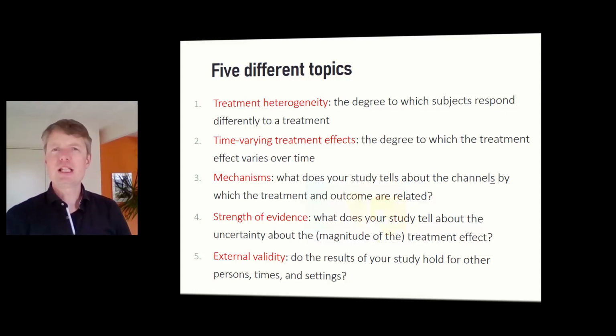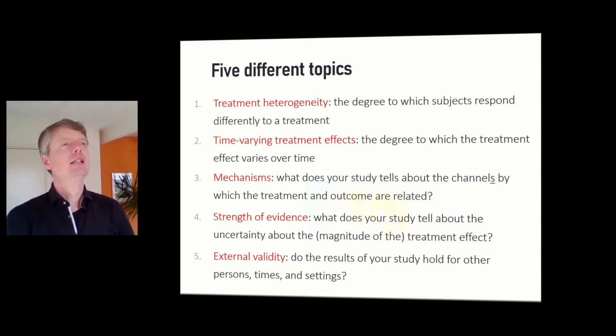But what does that really mean? How certain can we be if the question is whether we should go for this policy? And on top of that, your study is most likely not the only one. So what does your study really add to what we know already?